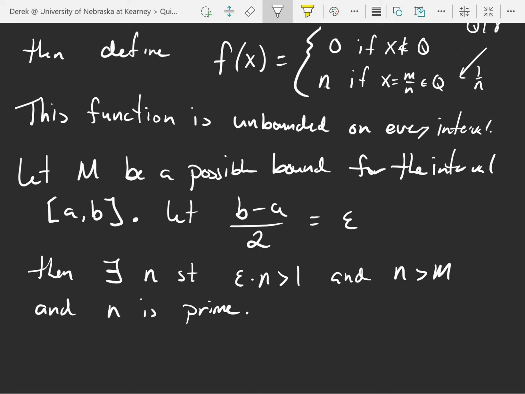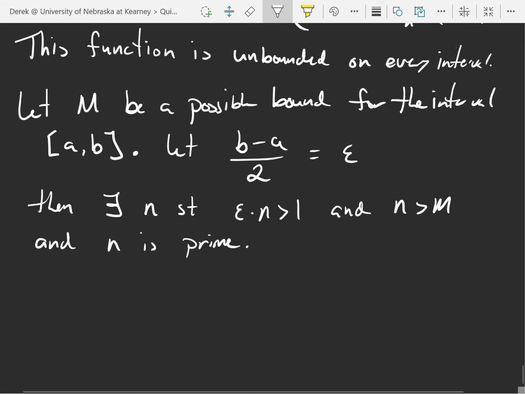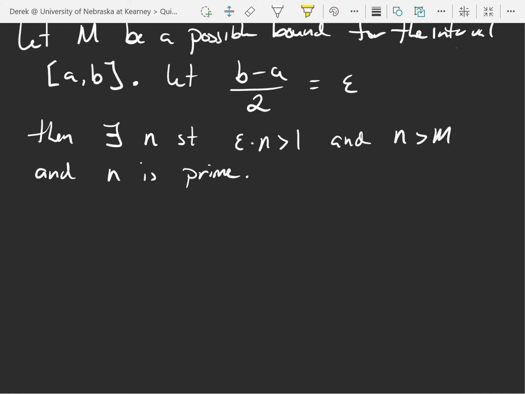There's an infinite number of primes. There's an infinite number of numbers. So I can just take a really, really big prime, a prime that's bigger than capital M, and a prime that takes me out farther than 1 over epsilon. And we're going to use this number to find some rational numbers between a and b.